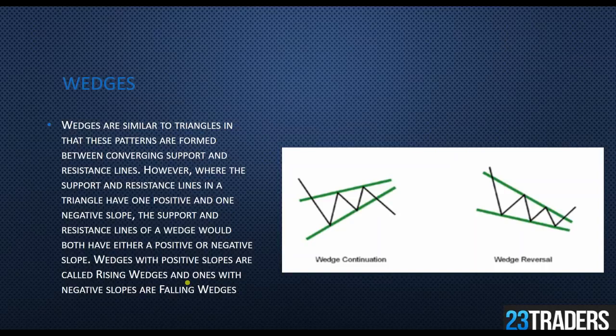Okay, now all of this gets to be a lot to remember, but the fact is they're all, except for rectangles and channels, the ones that kind of form triangles. Okay, breakouts are breakouts.